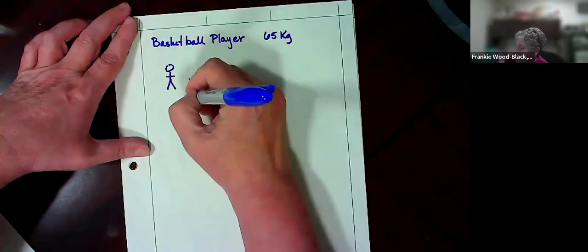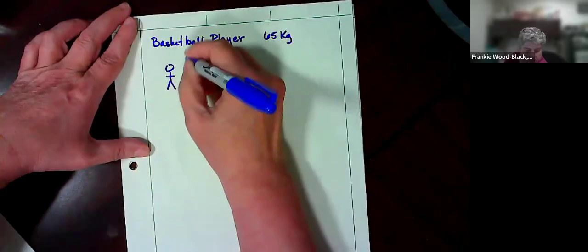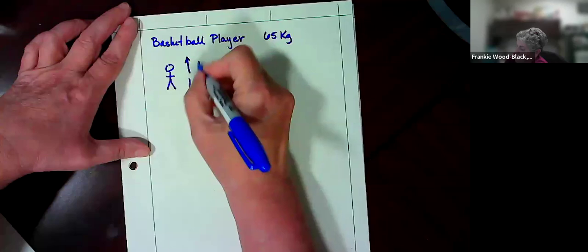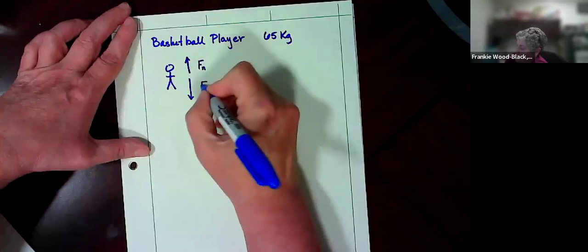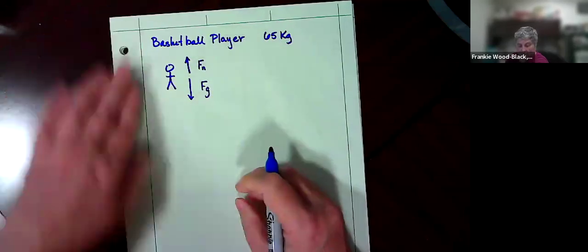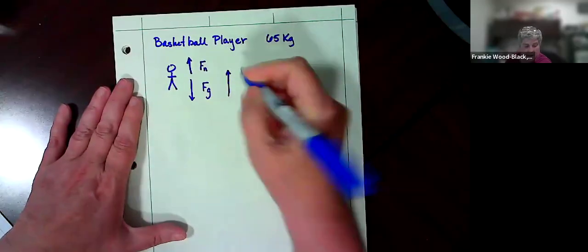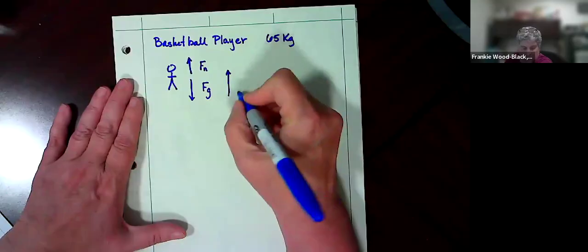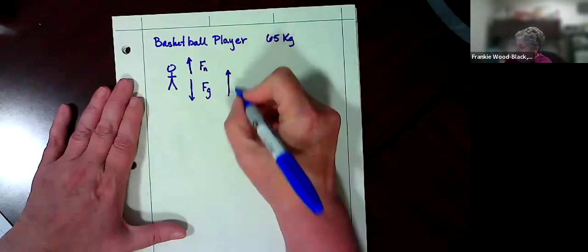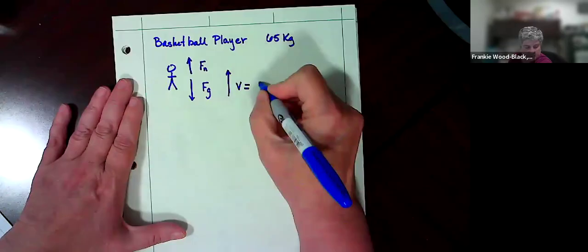We could draw our free body diagram for this. This is going to be my normal force. This is going to be my force due to gravity. And our basketball player is going to jump up with a velocity equal to 1.8 meters per second.